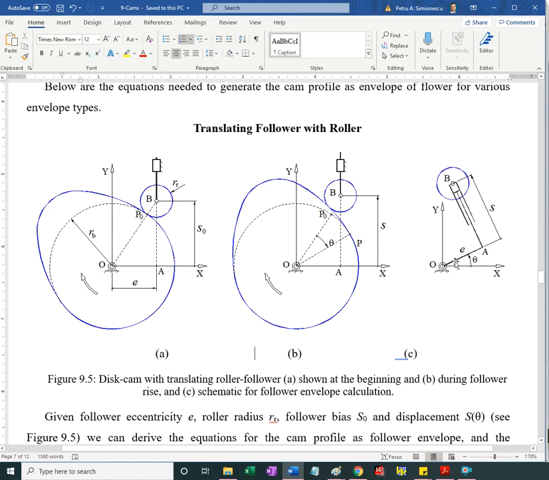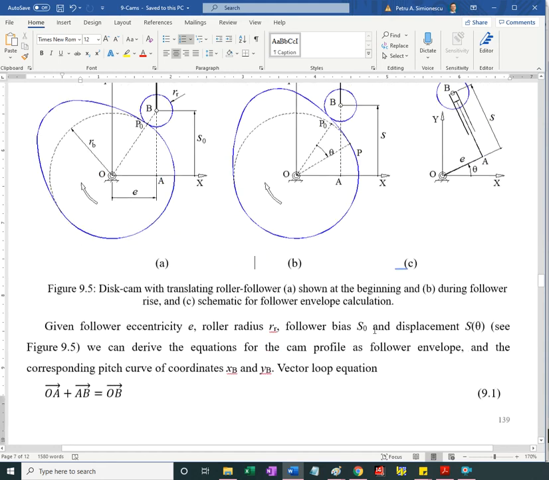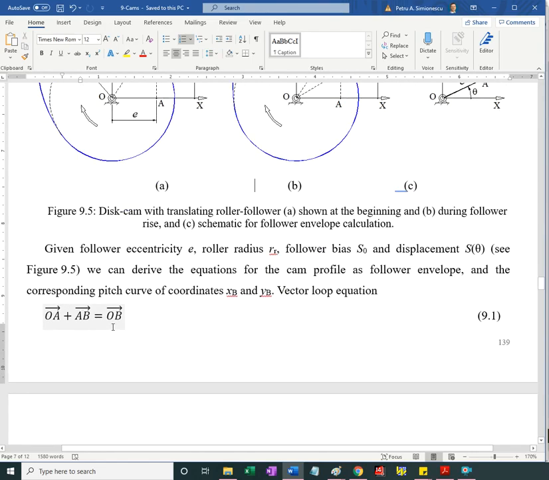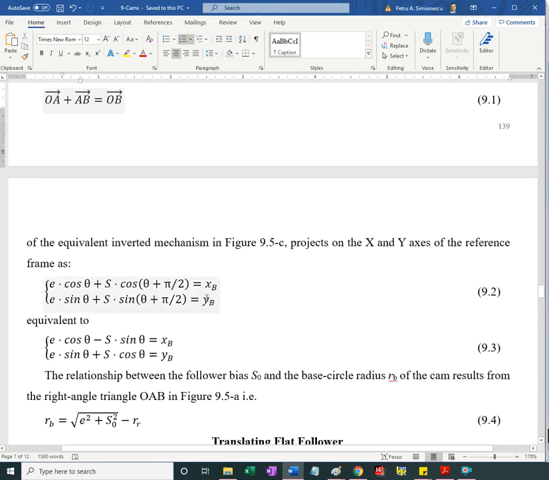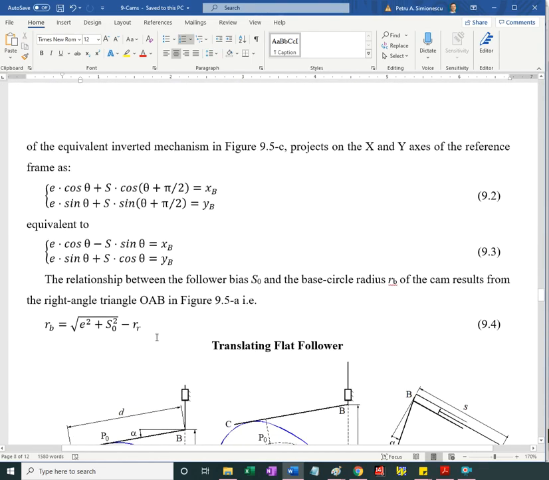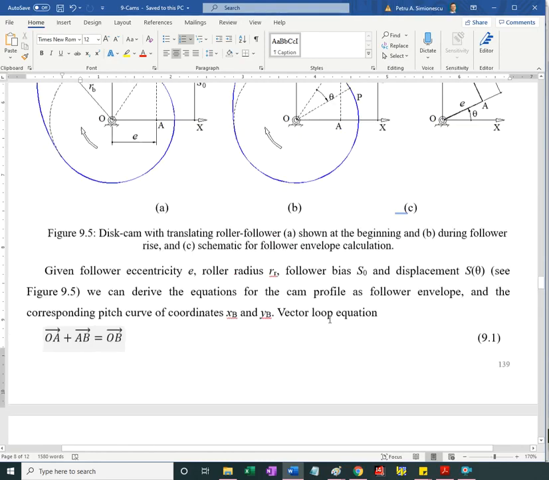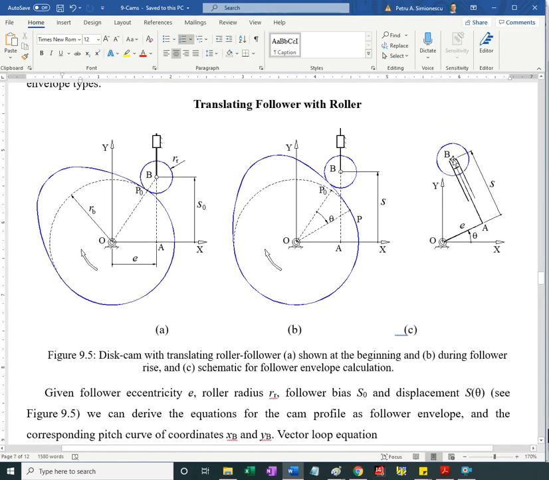If we are given the eccentricity of the cam, and the follower motion as the displacement of the linear actuator, starting with the vector equation, you project over x and y. You can also calculate a base circle, and this gives you xb and yb of the center of the roller in the motion inversion.